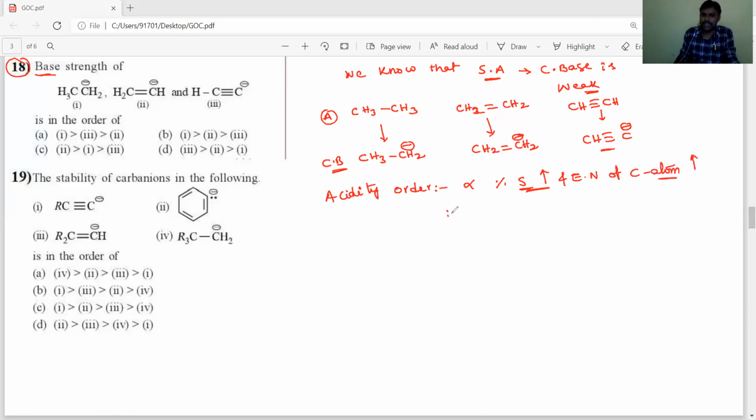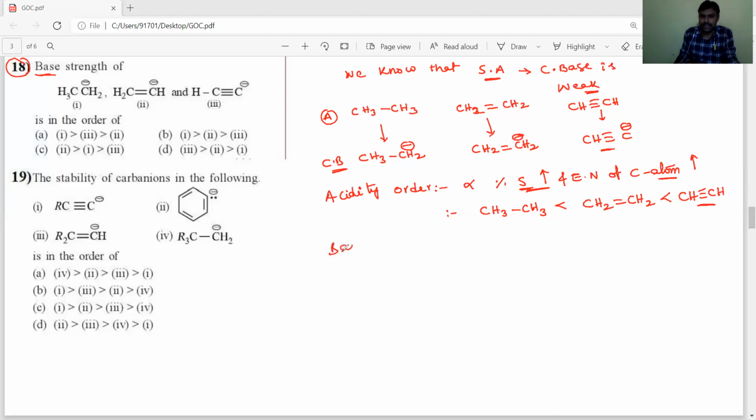So the acidic strength order is: ethane is weaker in acidic nature than ethene, and then ethyne is the most acidic. Its corresponding conjugate base is weak, so weak basic nature.